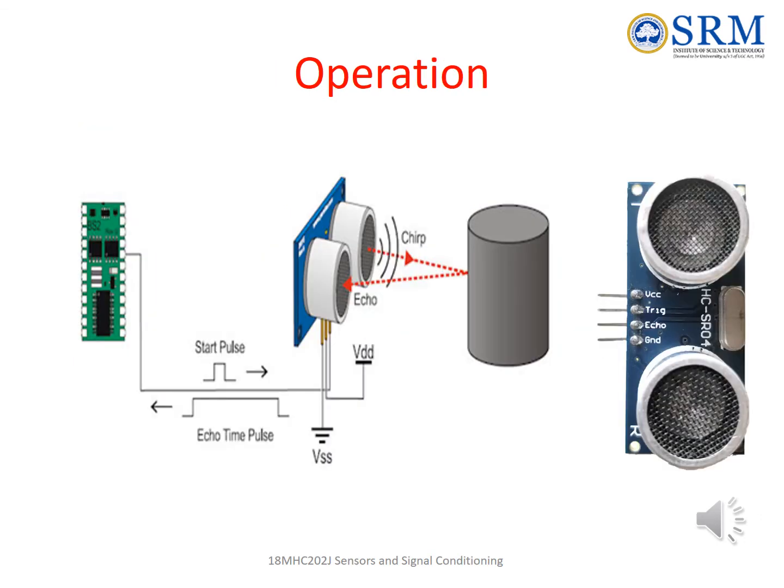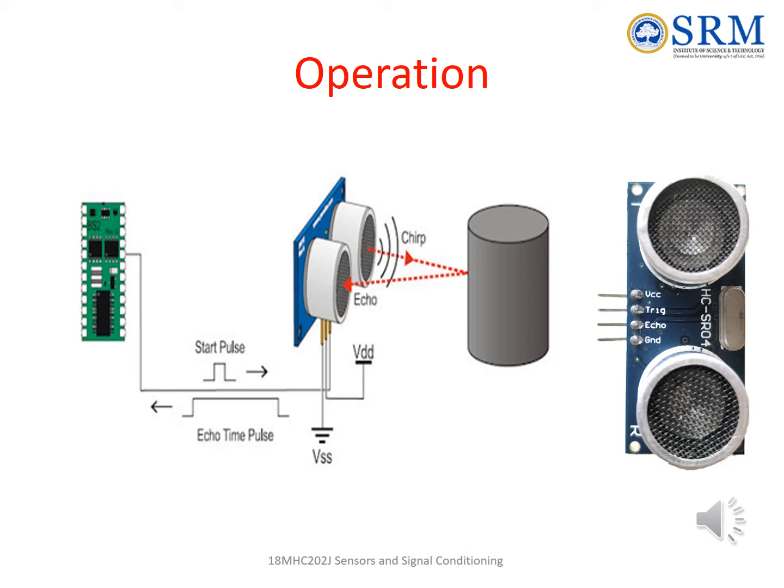Next is the operation of the ultrasonic sensor. The second picture represents the ultrasonic sensor, and the ultrasonic transmitter transmits an ultrasonic wave. When this wave travels in air and gets obstructed by a material, it gets reflected back towards the sensor. This reflected wave is observed by the ultrasonic receiver module.